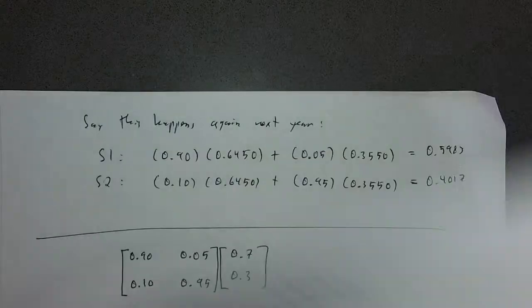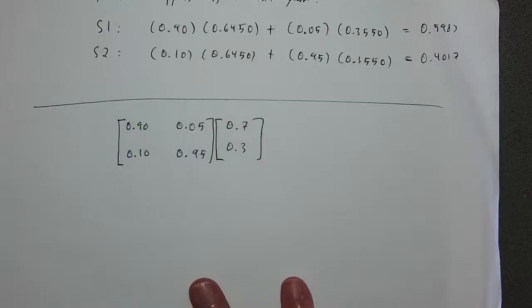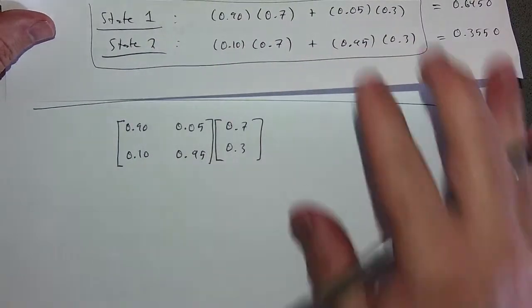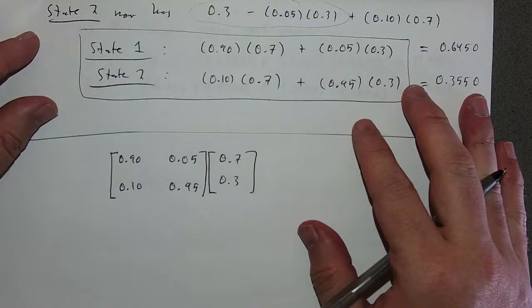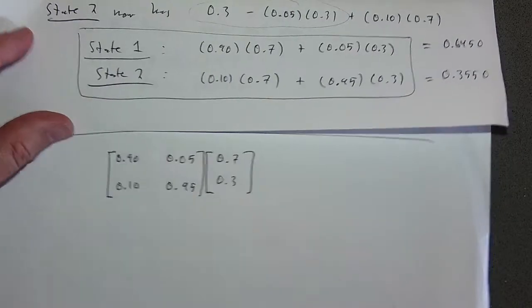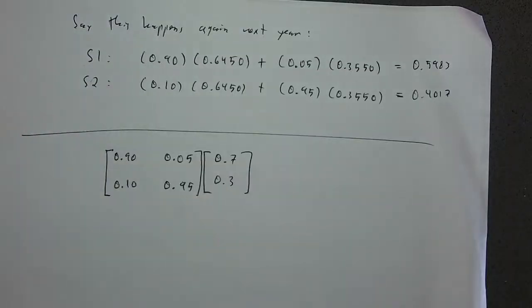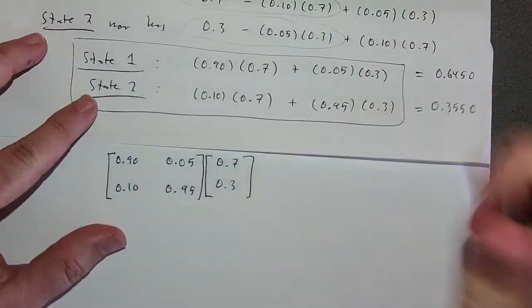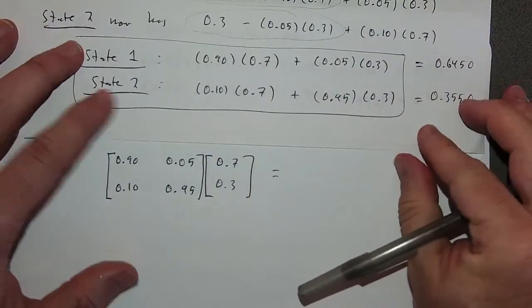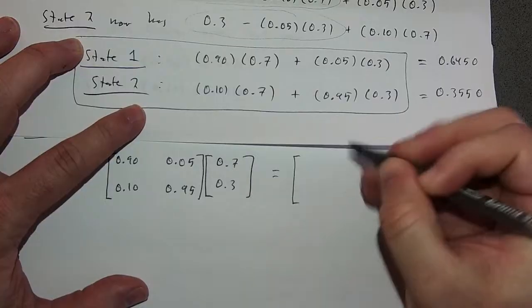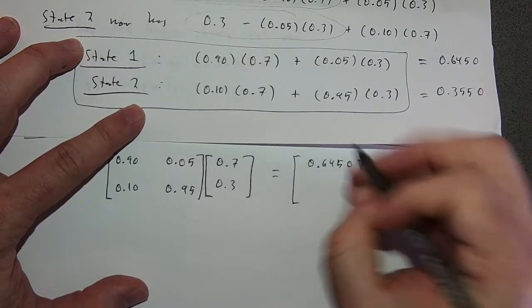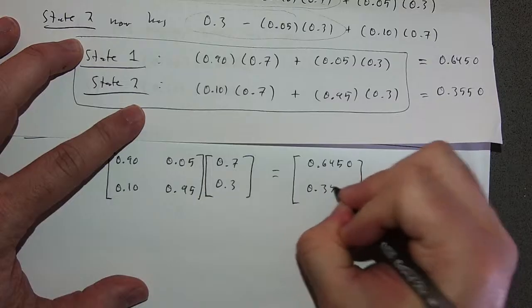And the resulting thing at step 1 is exactly this expression here. This was our initial configuration, so you could view this as my initial vector. I'm not going to rewrite this, but what I got was 0.6450 and 0.3550.